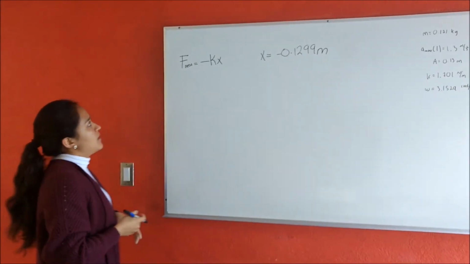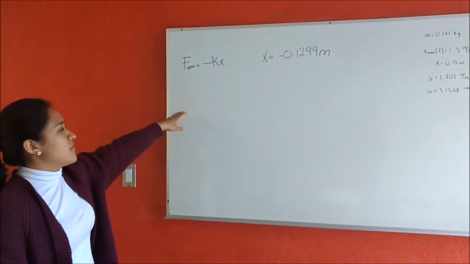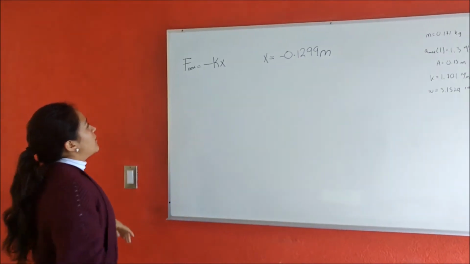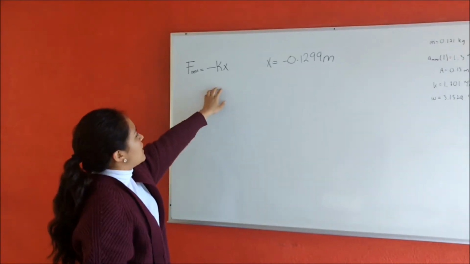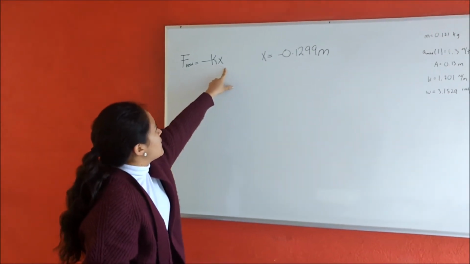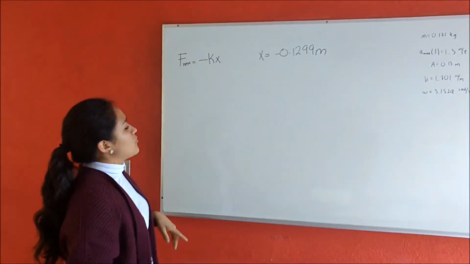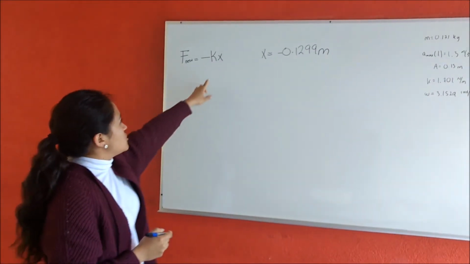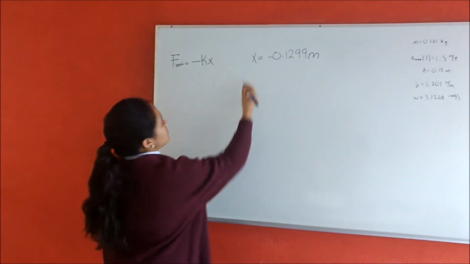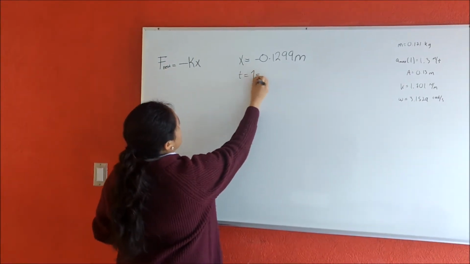So to obtain the restoring force of the spring, we need to use this formula, F equals minus k times x, and we're going to use the value that we previously obtained for the position x when the time is equal to 1 second.